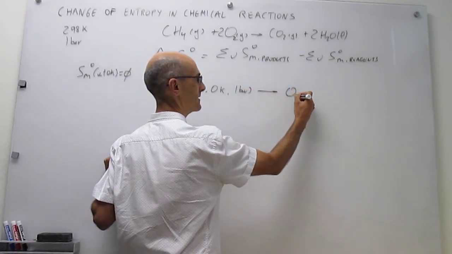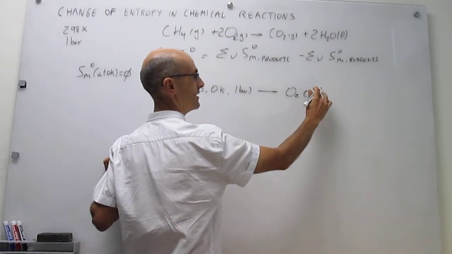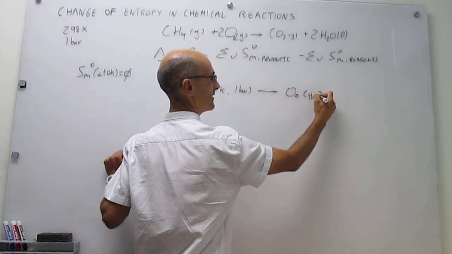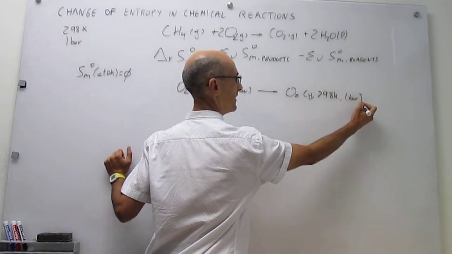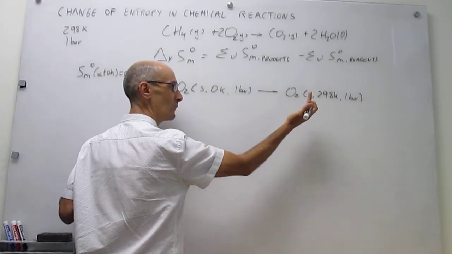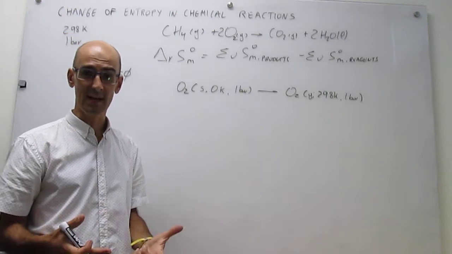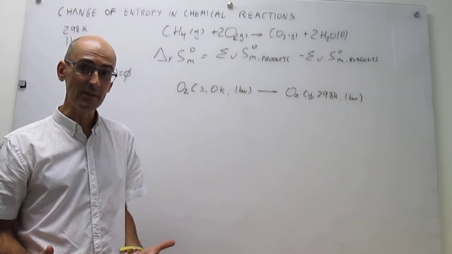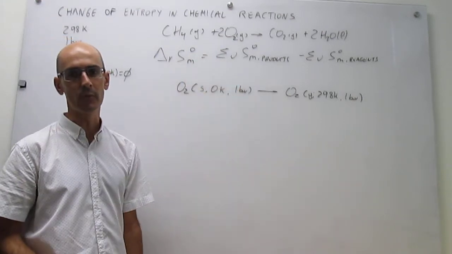We're interested in oxygen, which is a gas in this chemical reaction, at a temperature of 298 Kelvin and a pressure of 1 bar. So if we know how to go from here to there, then we would know what the entropy of that molecular oxygen is in the gas phase at 298 Kelvin, and that is what we need to compute the change in entropy in this chemical reaction.